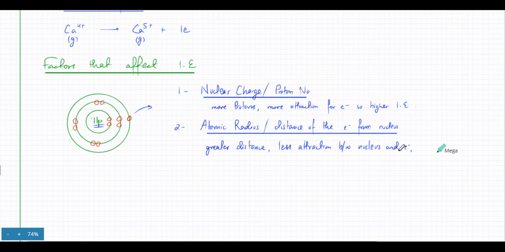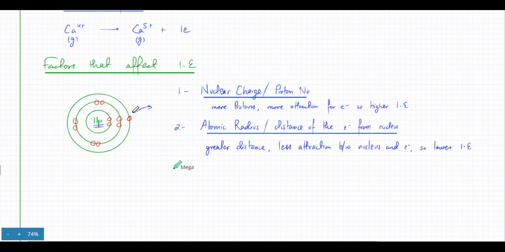Because of that, the ionization energy would be lower, because the electron is further away from the nucleus.